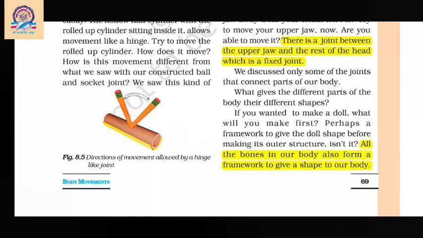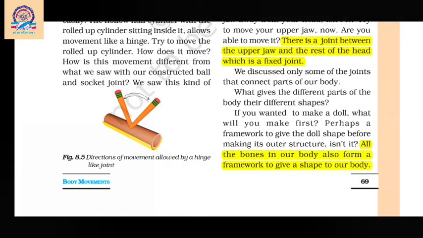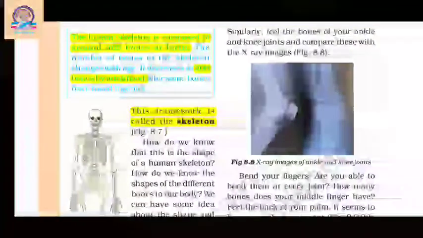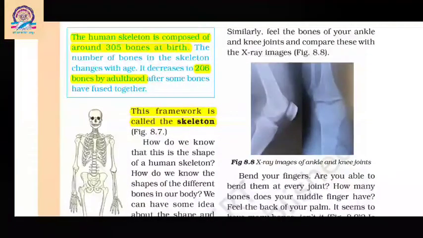When we design, we create some shape. So here also our bones give shape to our body. Is it clear? What do bones do? Bones shape our body. So this framework or structure is known as skeleton.